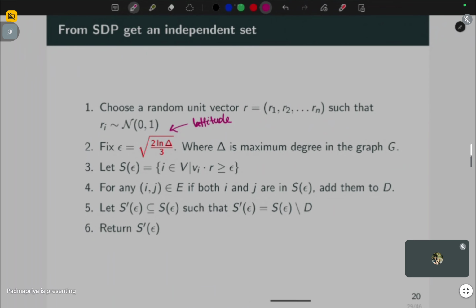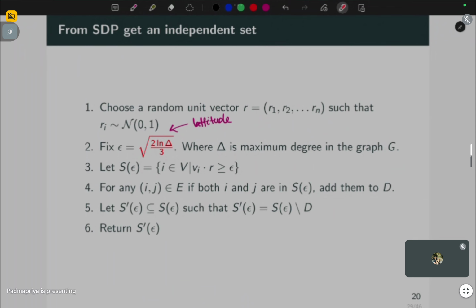And why are we picking this exact value of epsilon? For 3 coloring, it turns out this number is nice, and you will see why in the analysis. So take my word for it. Capital delta is the maximum degree of a vertex in the graph.